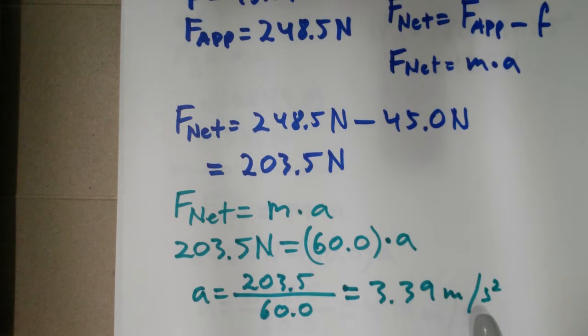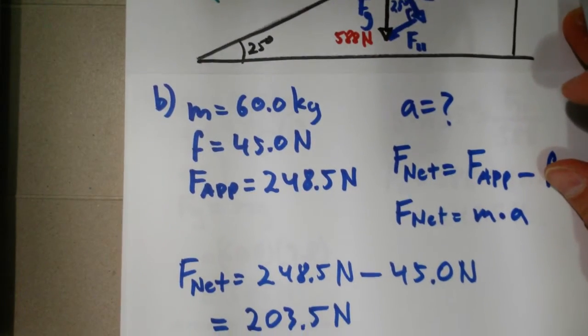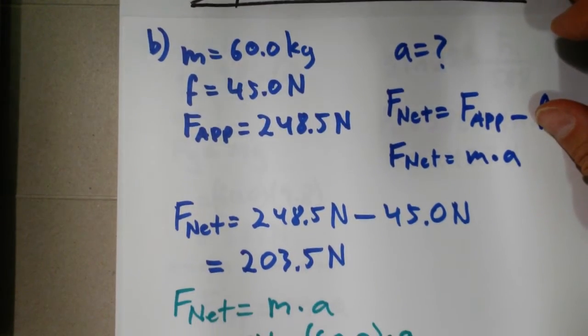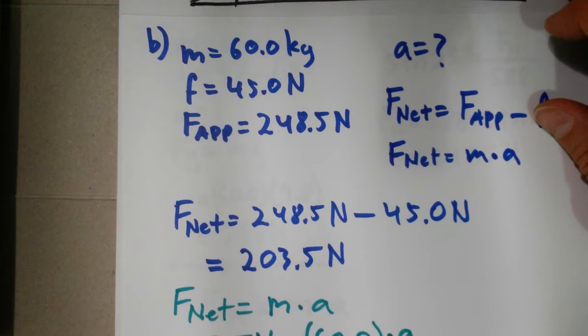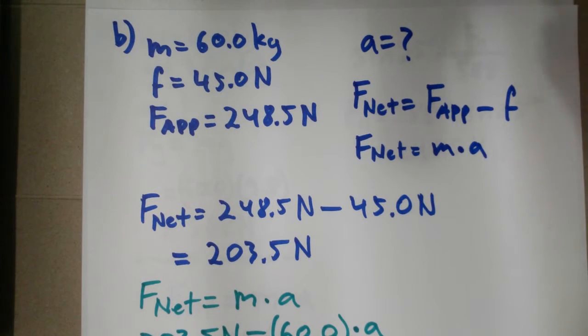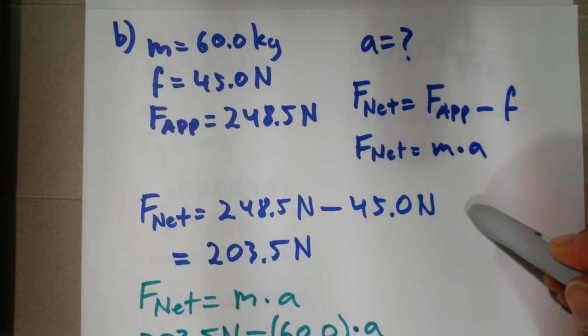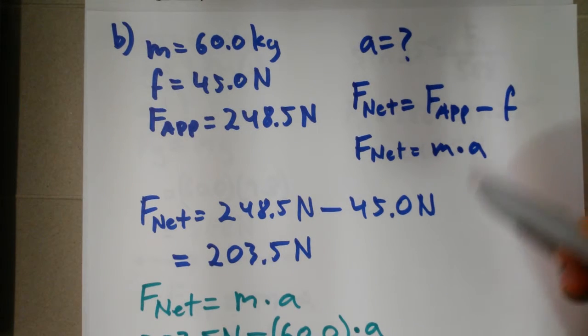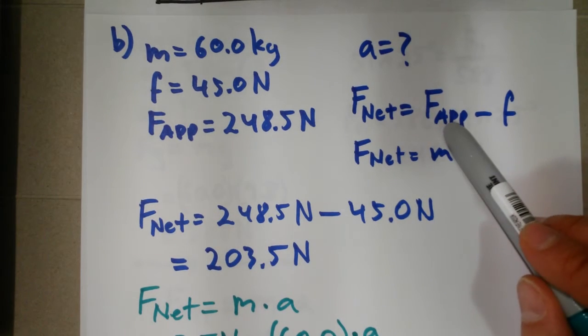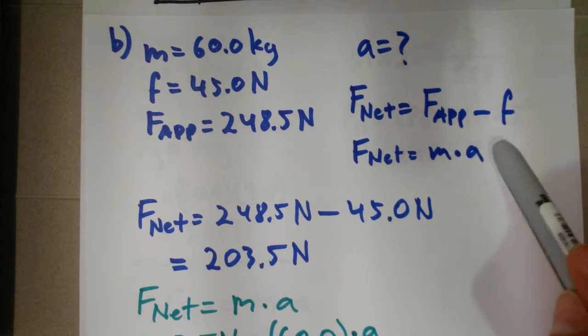Okay, so the main difference really between examples A and B is just that in example B we're considering the friction, and so it's something that we need to consider for our example. So we subtract it from the applied force.